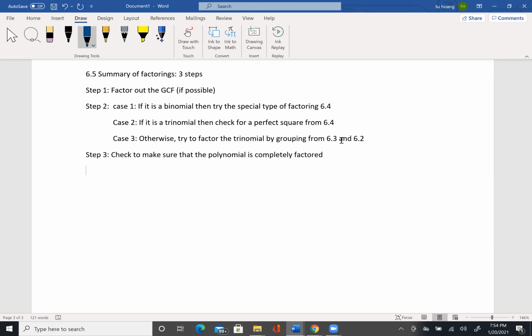So let's do an example. I have 12x cubed minus 12x squared, and then plus 3x. What is my first step?